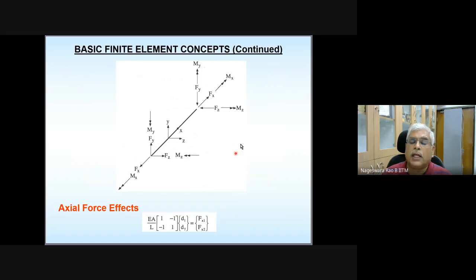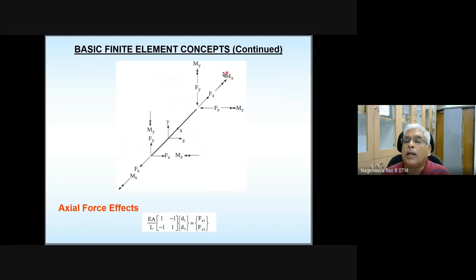And now these are the forces and moments. Okay. Again, how this force Fx is related to moment Mx is by right hand thumb rule. Yesterday I showed you what is right hand thumb rule. You point your right hand thumb in the direction in which this arrow is showing here for Fx, and the direction in which your other fingers are going to curl, that is going to be the direction in which this moment is going to act.